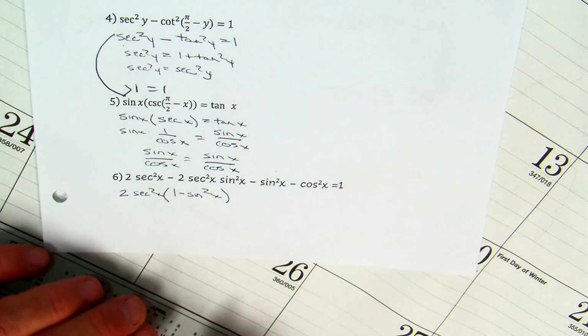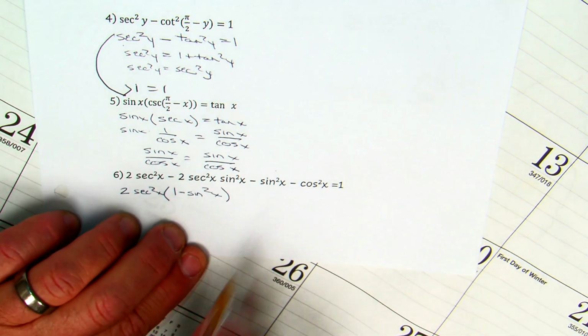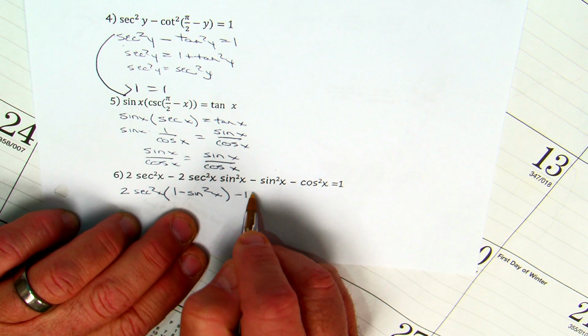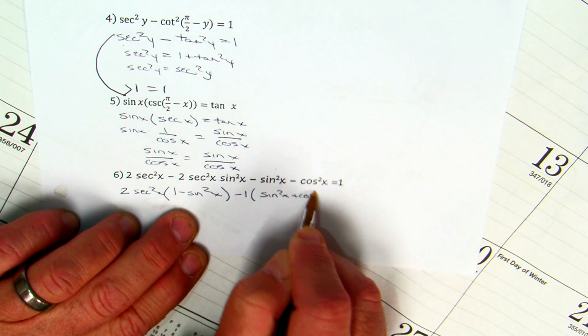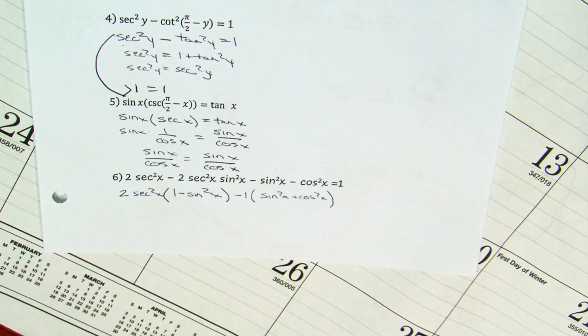Okay, the problem is if I come down here and I pull out a negative 1, I got sine squared x plus cosine squared x. So my problem is usually if you do grouping correctly, the 2 parentheses are exactly the same. They're not. Doesn't mean we're wrong, we just got to take a different approach.